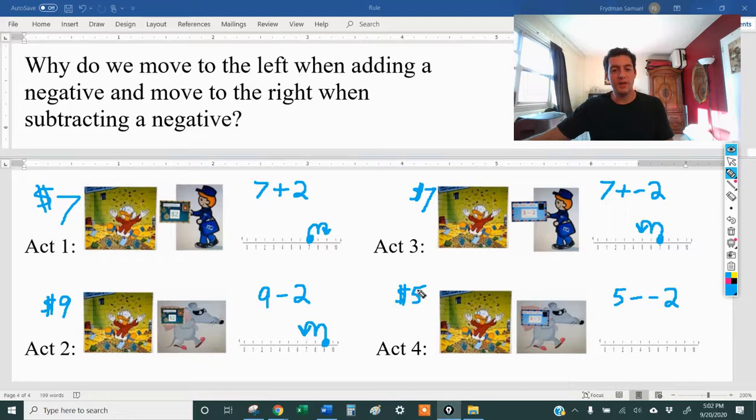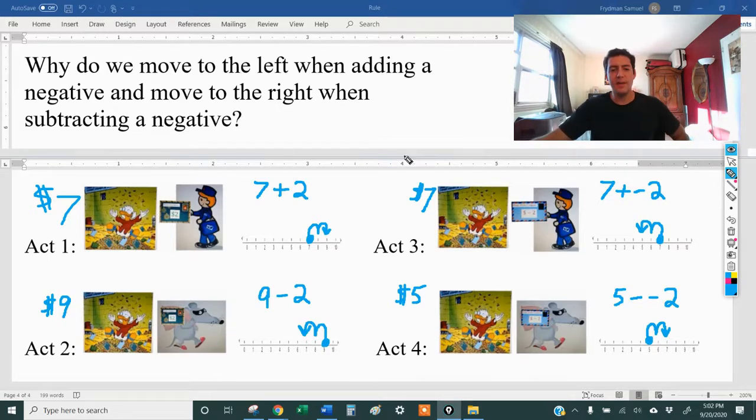So we thought we had $5 before, including the bill that we would have to pay. But if we don't have to pay that bill because it got taken away by the mouse, then instead of having $5, we would actually have $7. Okay?